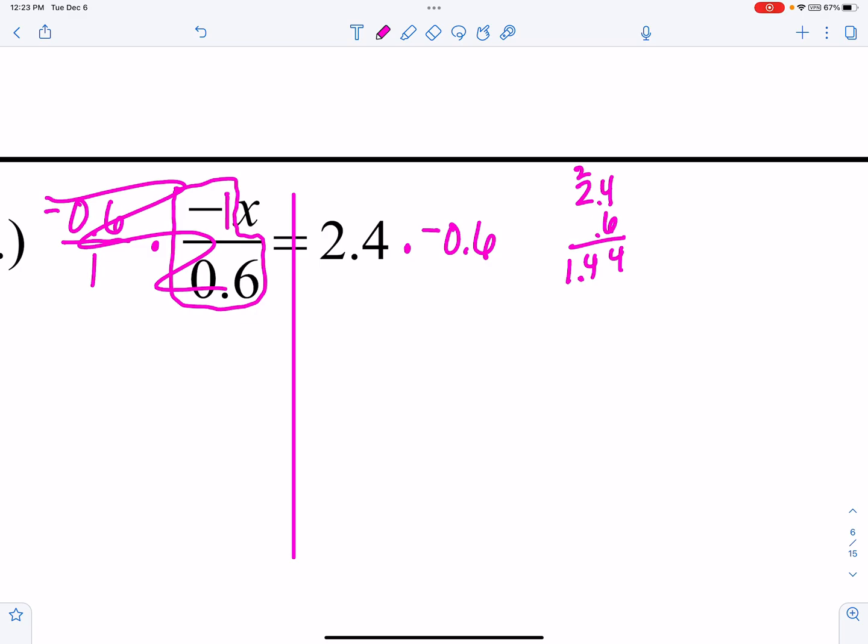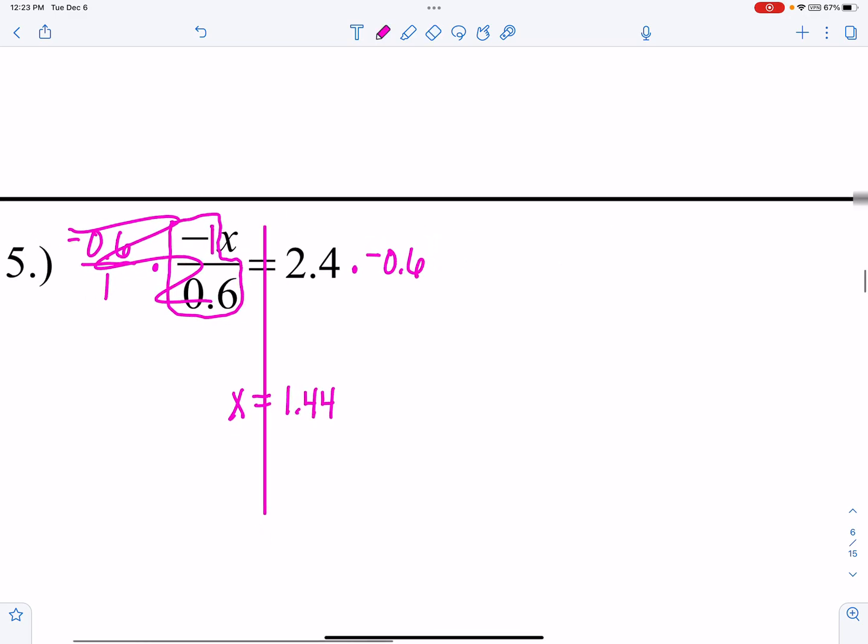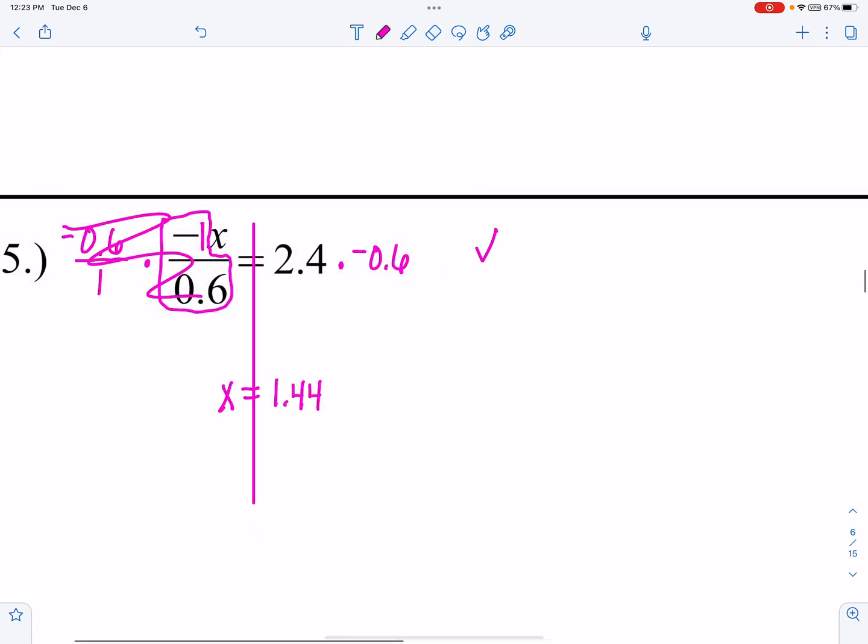I'm going to make a mistake here on purpose, okay? So I end up with x equals 1.44, okay? All right, so let's go ahead and check our work now. So I have a negative, and then I'm going to substitute x, which is 1.44, and that was over 0.6, okay?